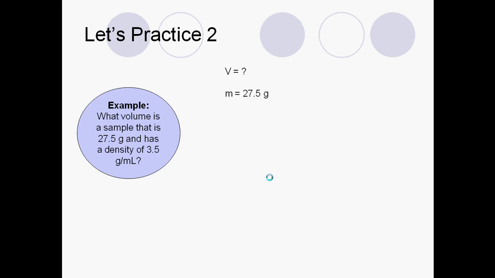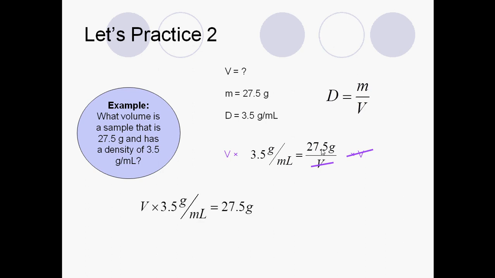Second example here, what volume is this sample? That is 27.5 grams, so again that's our mass, and it has a density of 3.5 grams per milliliter. So we're going to be solving for our volume. Plug in our density here, our mass on top, and so again we have to multiply each side by volume to get volume on the top of the fraction. So we have volume times density is equal to mass.